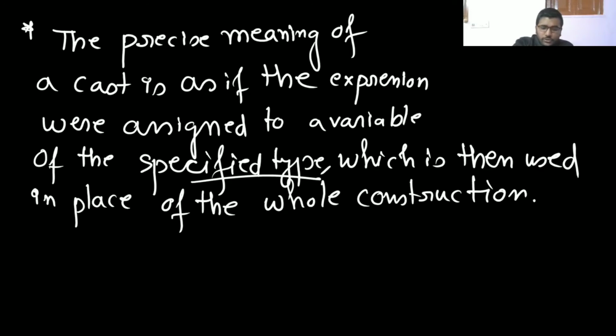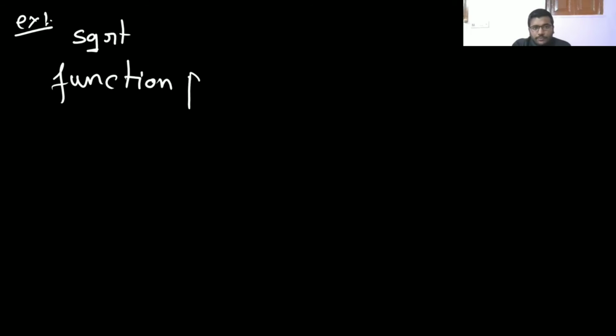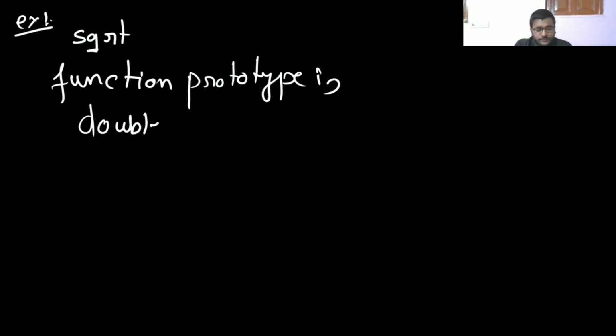Like if you use the library function square root, it takes a number. Its function prototype has return type double and it takes a double.